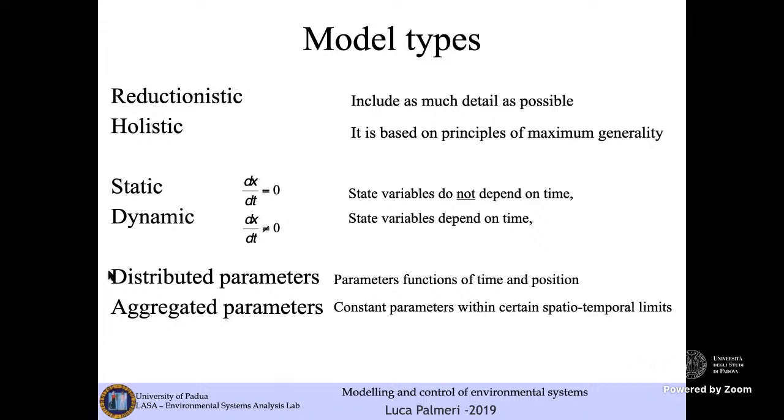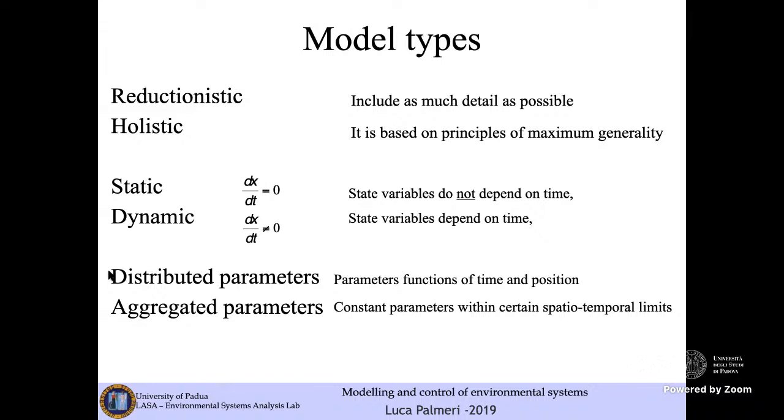So for these we may formally write that the derivative in time of these variables is equal to 0. So these variables are constant in time. On the contrary, a dynamic model is a model for which this assumption does not hold. In this case, state variables depend on time. So state variables are a dynamic description of the evolution of the system and are functions of time. Again, we will see some examples of these descriptions.